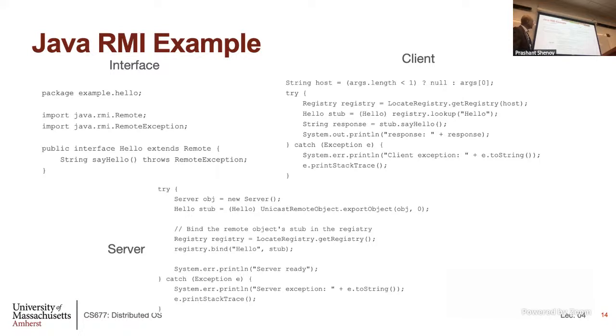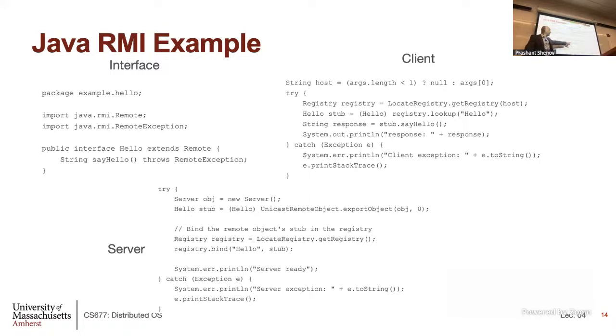So on the server, you will see that it's calling a unicast remote object. So it's constructing an object that essentially has some remote methods. Then that object implements a say hello method. So you call the say hello method, and it sends a hello message back. I don't think all of that code is shown here, but what is shown is the bind.